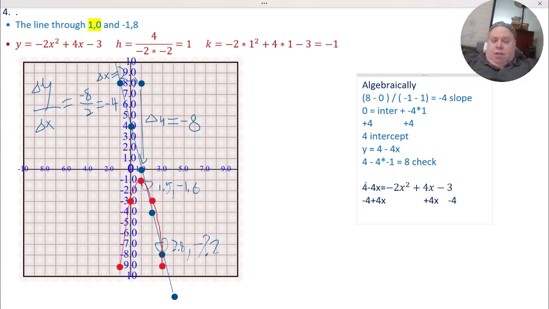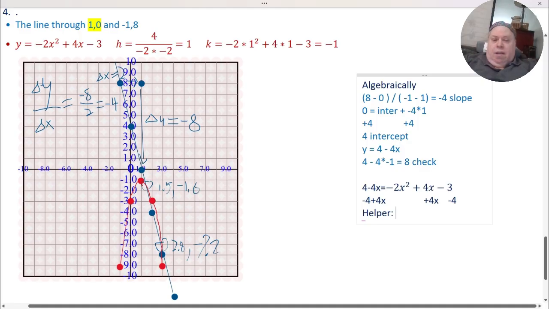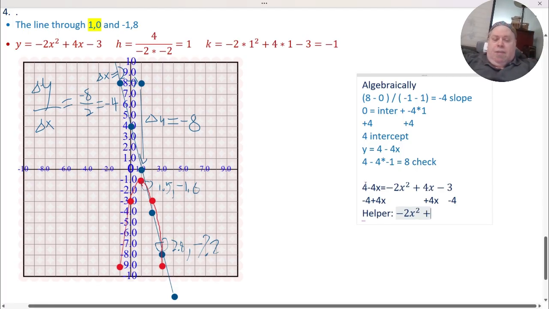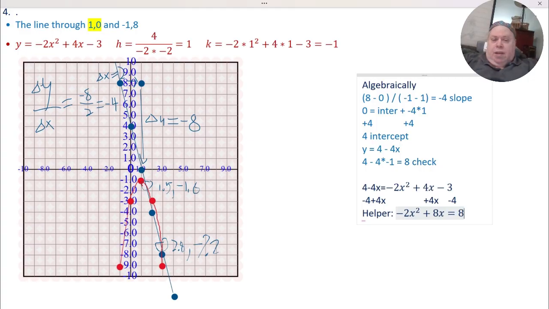And that's going to create my helper quadratic, which will be still minus 2x squared because nothing messes with the x squared terms. But now it will be plus 8x minus 7.